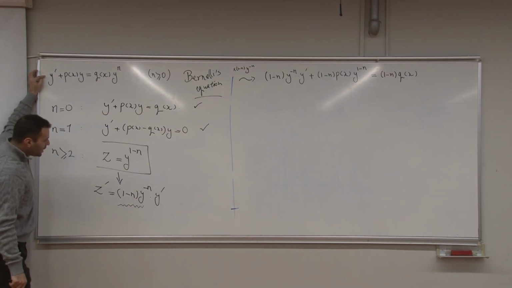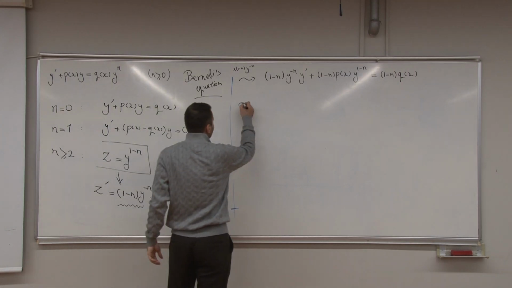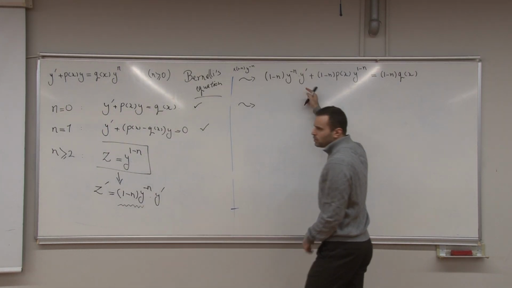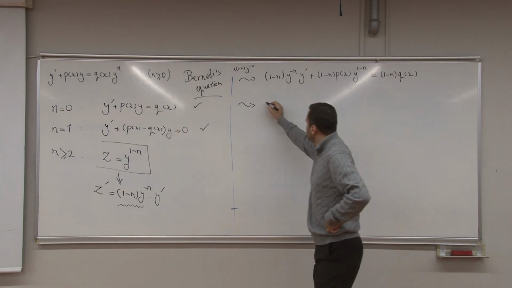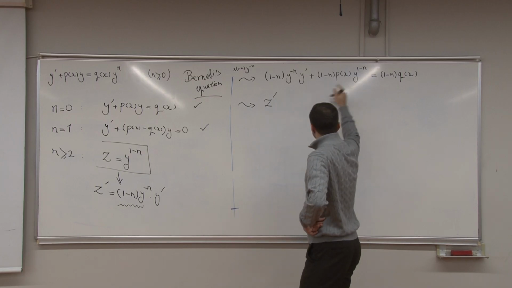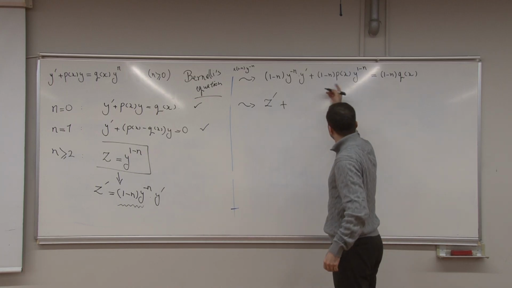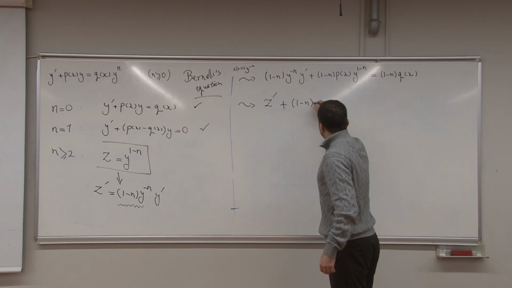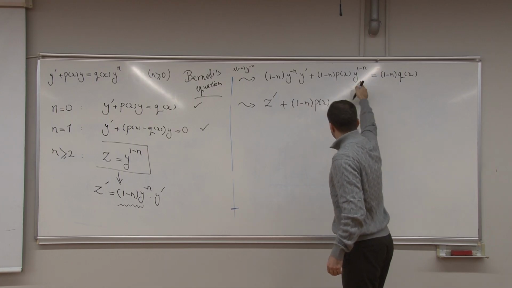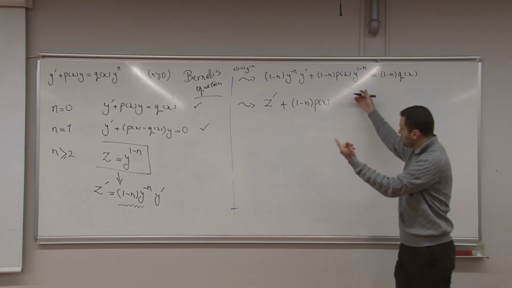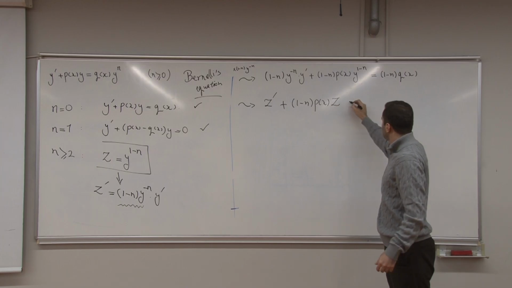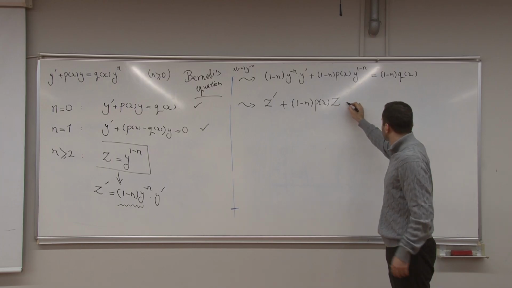Now, what do we have here? Instead of this, what can I write? z prime. What about the rest? 1 minus n, p(x), z. I'm also using the interchangeable symbol.